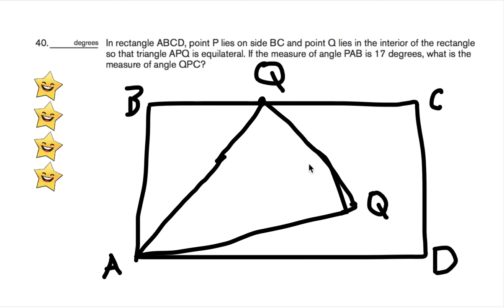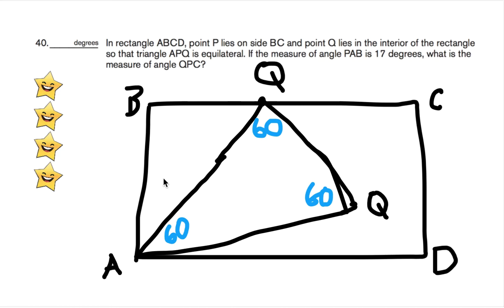It looks more isosceles than equilateral, but that's okay. Now, since it's equilateral, I know that all these three angles are 60. So I'm going to mark that. Anytime you know something about a diagram, draw it in. Okay, 60, 60, 60.